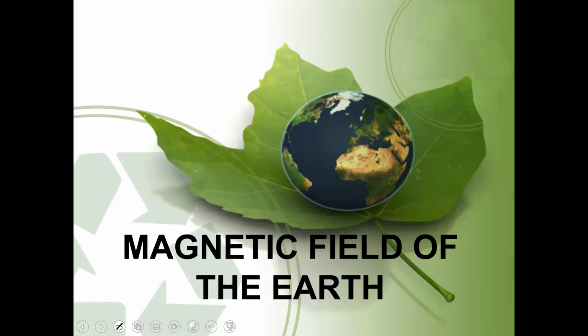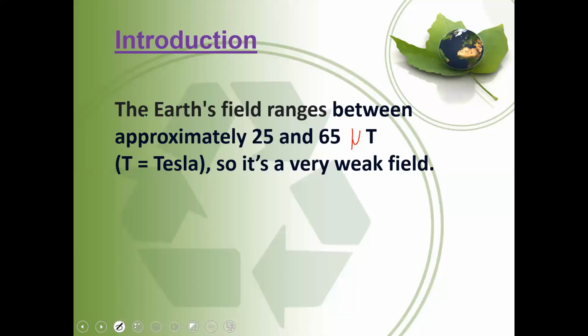Now let's build our concept here. Our planet, like many other planets in the world, possesses a very weak magnetic field, but this magnetic field is present. That is why our earth has a magnetic north pole and magnetic south pole, and if we suspend a bar magnet, it registers the magnetic field of the earth.